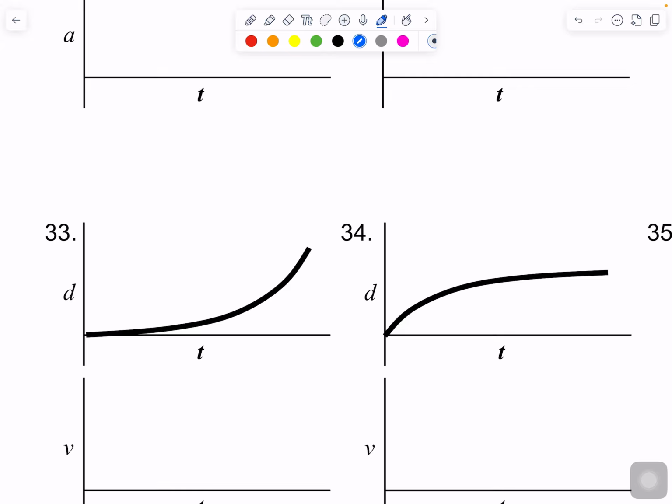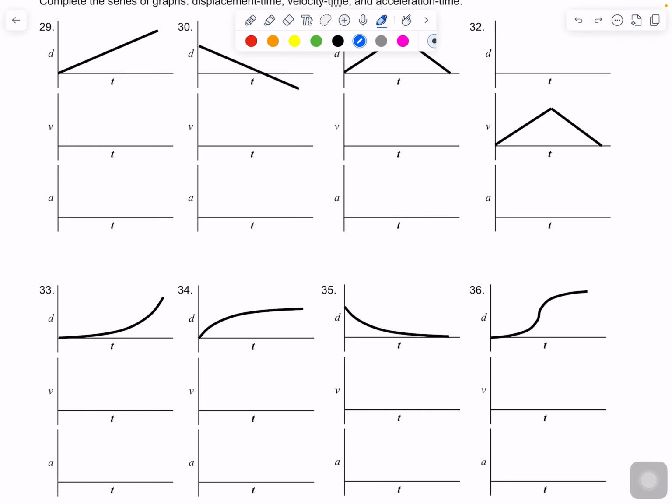When our slope is flat, we start with a flat slope to a steep slope. You'll hear me say the phrase flat to steep. That means your slope is getting steeper. Or you could start with a steep slope and end with a flatter slope. That's steep to flat. Okay, we'll talk about that one shortly in terms of what those two things mean.